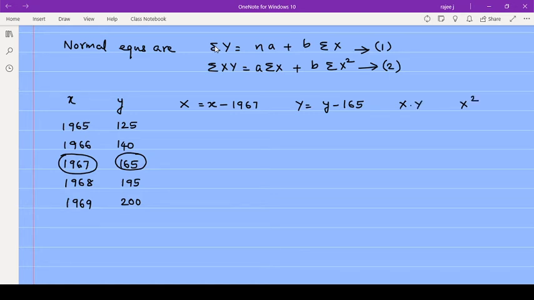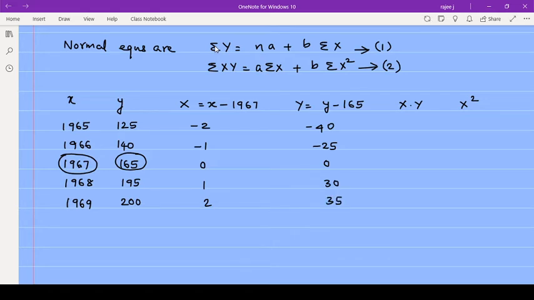So x minus 1967: 1965 minus 1967 is minus 2, then minus 1, 0, 1, 2. Similarly, y minus 165: 125 minus 165 is minus 40, then 140 minus 165 is minus 25, then 0, 195 minus 165 is 30, and 35.